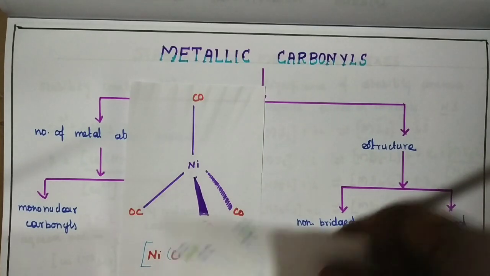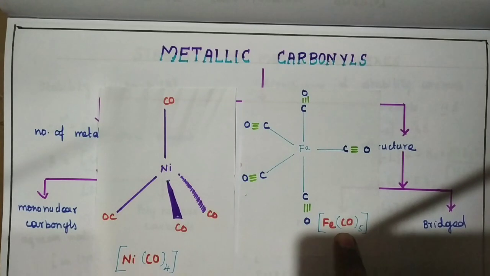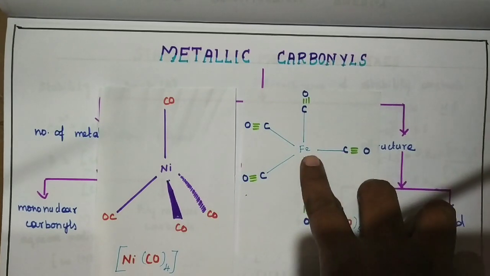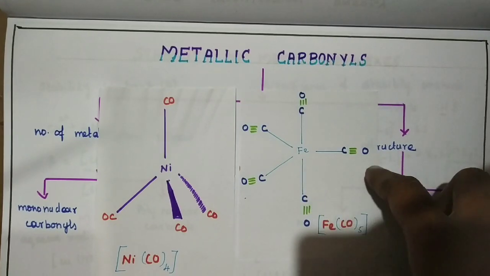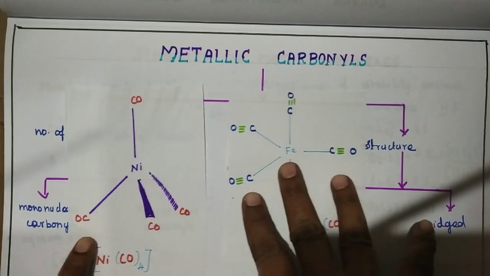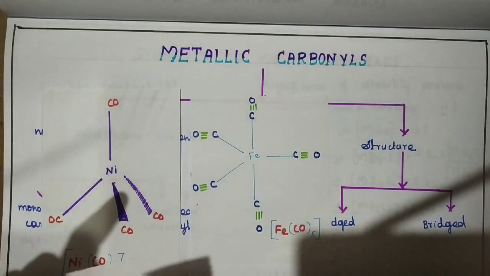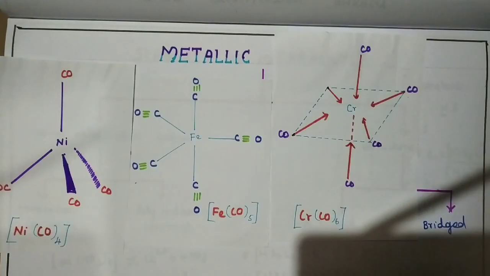Another example is Fe(CO)5. Here also only one central metal ion is there, attached to 5 CO groups. One more example is Cr(CO)6.